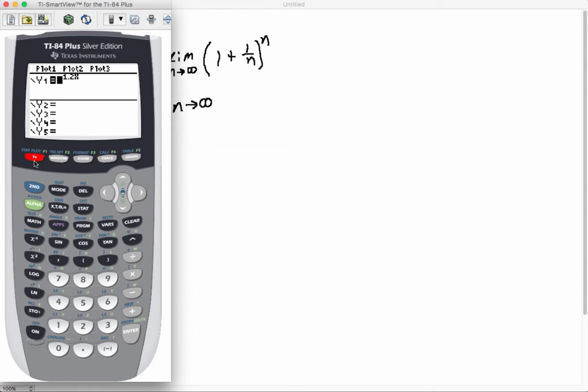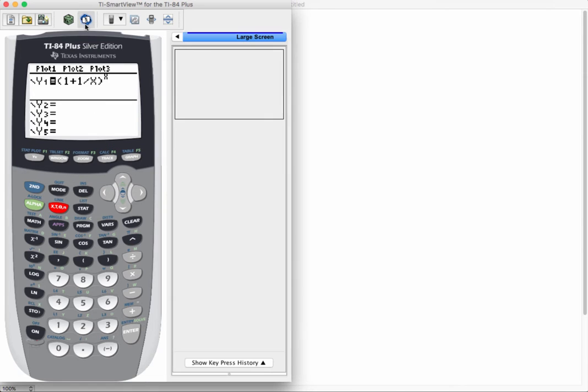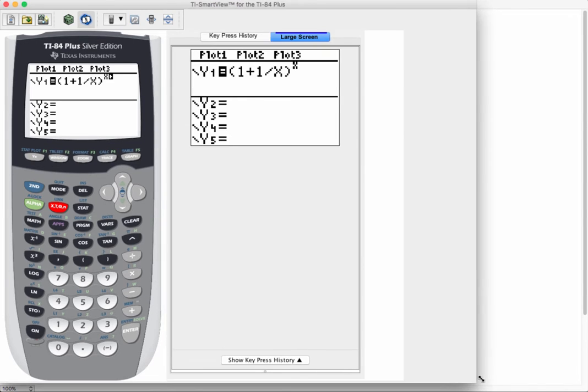Let's go into the y equals menu, clear out anything we happen to have in there, and enter the function we're supposed to be pushing n to infinity in. That's going to be parentheses 1 plus 1 divided by x, using x on the calculator, and then raise that to the x power. The easiest way to push that to a really big value is to use our table.